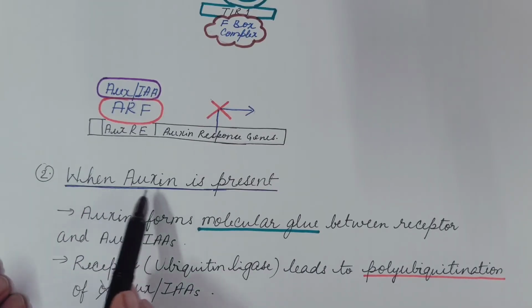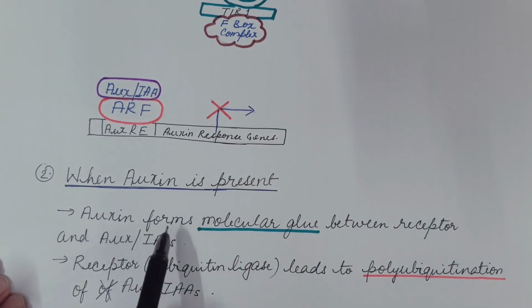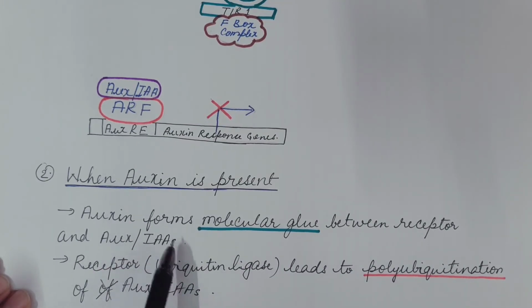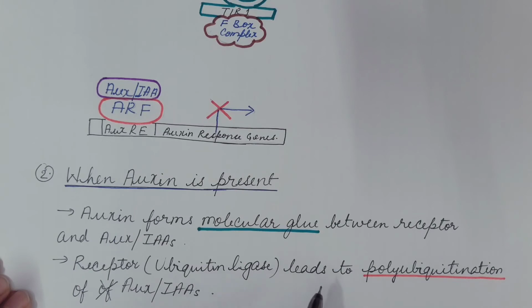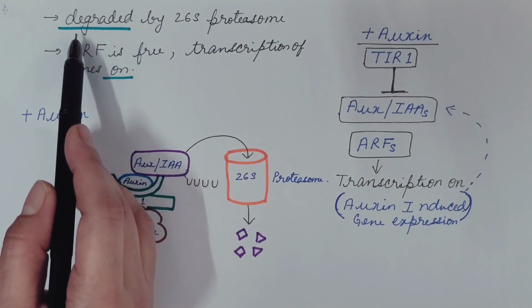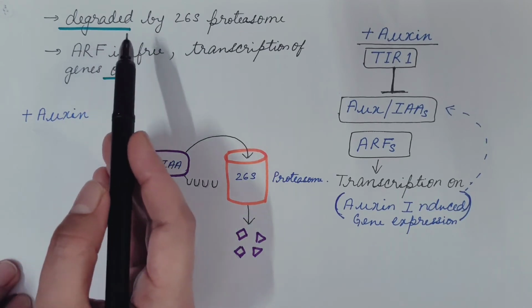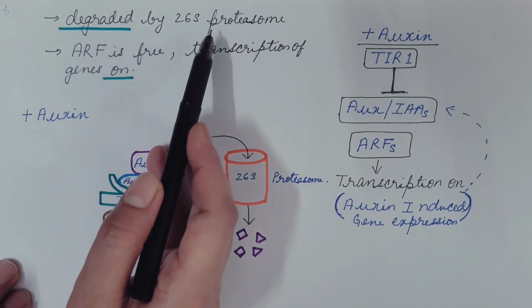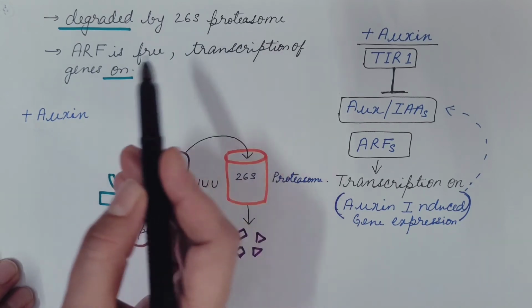Second situation, when auxin is present: auxin forms a molecular glue between the receptor and AUX/IAA, that is the inhibitor. The receptor also acts as ubiquitin ligase and leads to polyubiquitination of the inhibitor AUX/IAA. Once the inhibitor is tagged with polyubiquitin, it is degraded by the 26S proteasome.